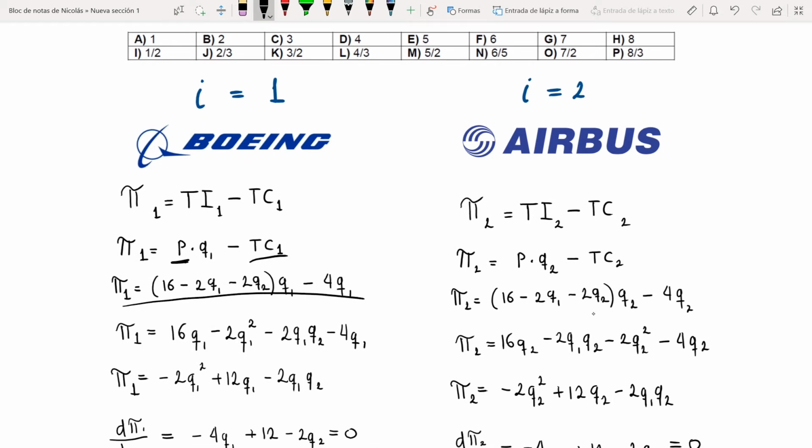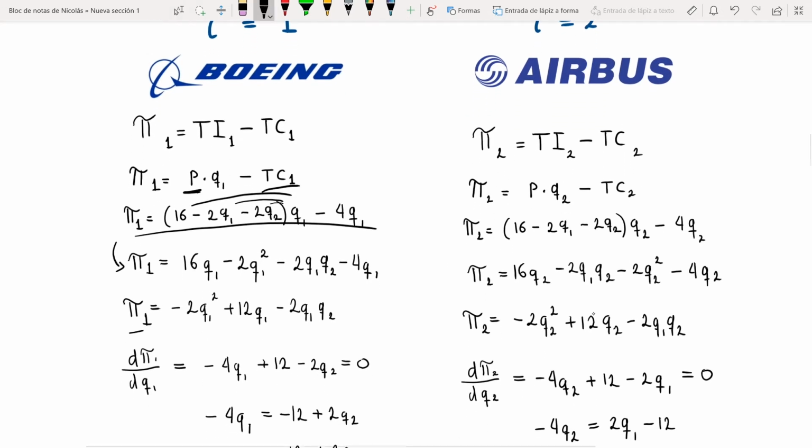like it shows right here, and here we'll apply the distributive property, and we'll end up having the following expression. We can simplify this by subtracting 4q1 from 16q1, and we'll end up having the profit equation simplified.